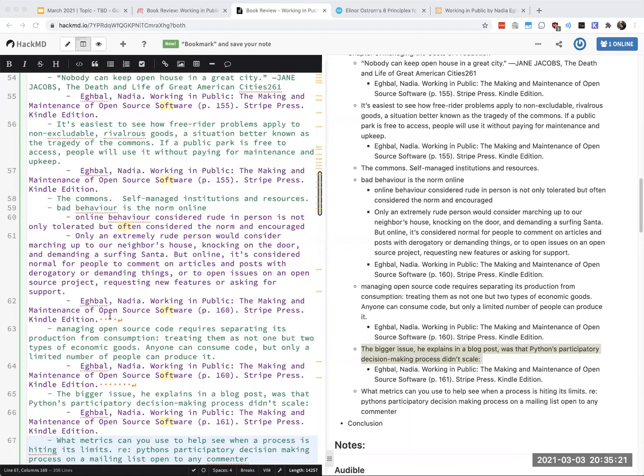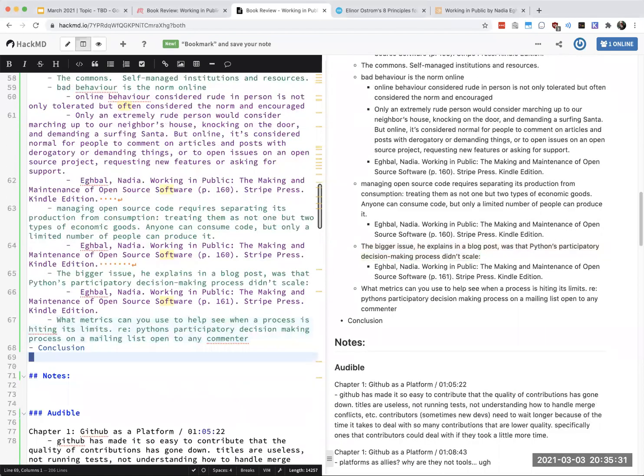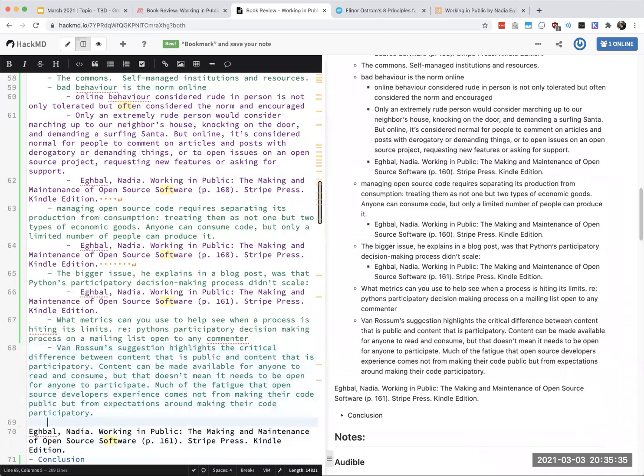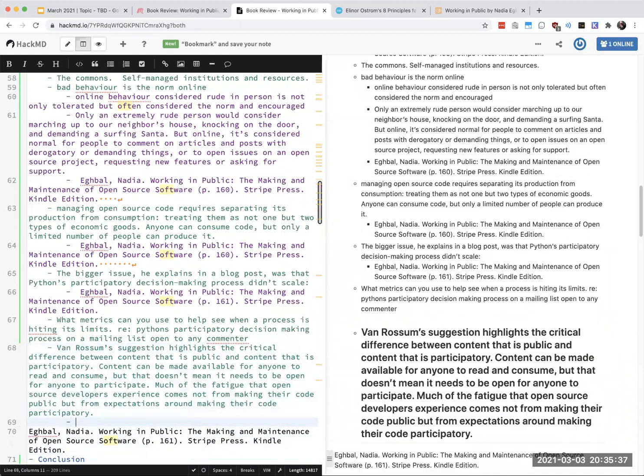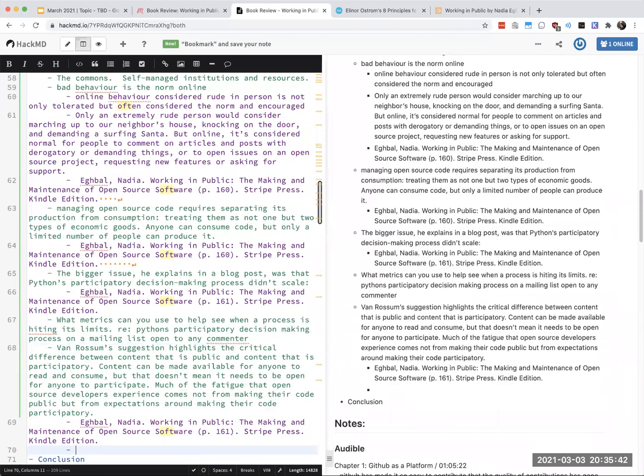Let's see. Oh, I guess I can put these, yeah. They're related on this. So there's a difference in the type of content. It could be content, but it could be like the actions that are taken when you're asking people to collaborate and identifying what it is.